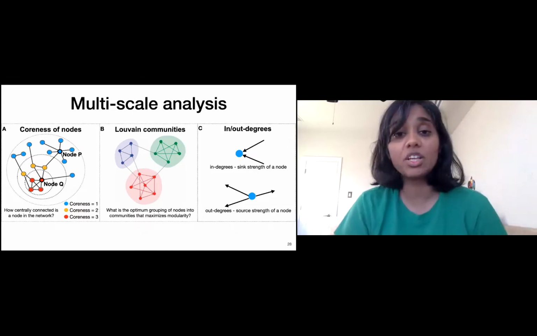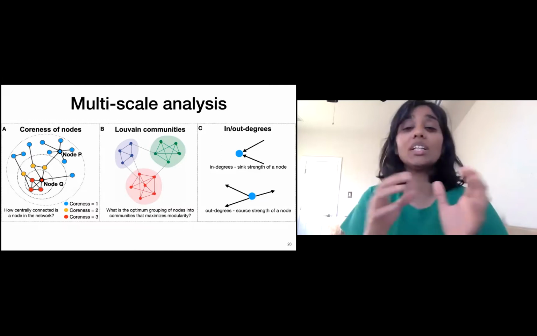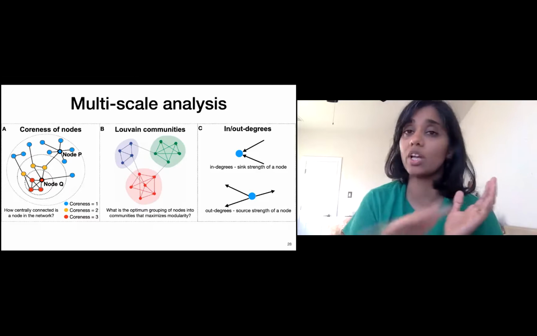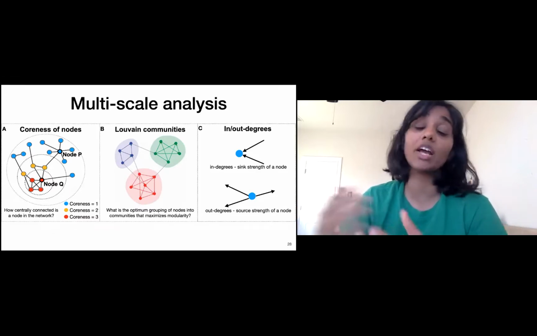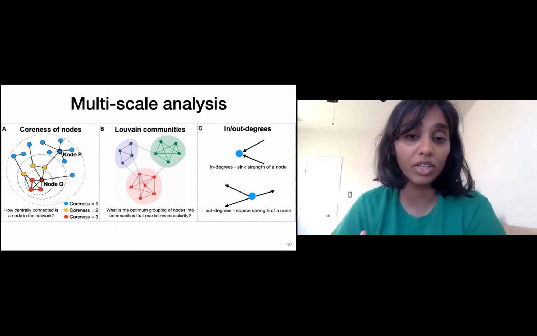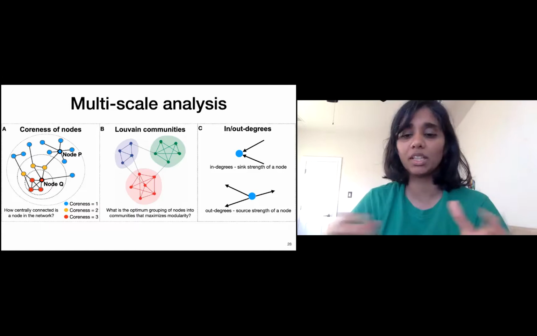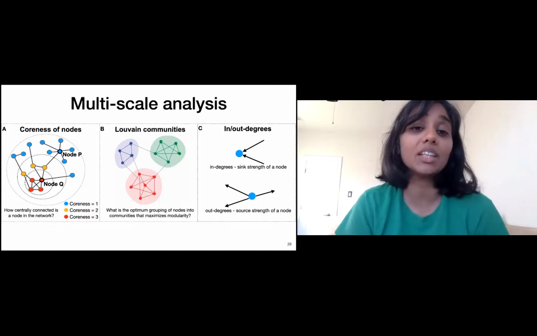That could give you some information. And then we also did in degrees and out degrees. Remember, I can do the node level analysis. I can do this for every patient and for every node, so I have a bunch of node metrics. I also have a bunch of power metrics: how much was the power in this time window compared to baseline? So I have all these different metrics, and now I can start comparing.